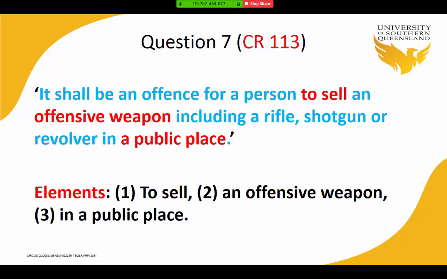Yes, because it means it's only including those certain weapons. So we're looking at an open set. It's not only rifles, guns, shotguns, and revolvers. It's including, which means that you have a wider set that could include this flick knife.